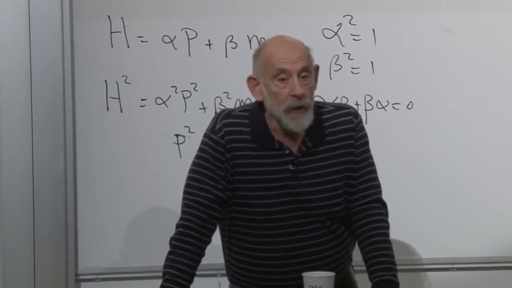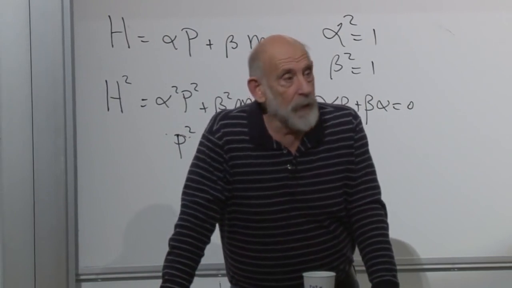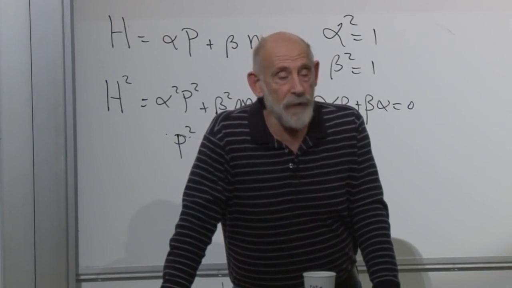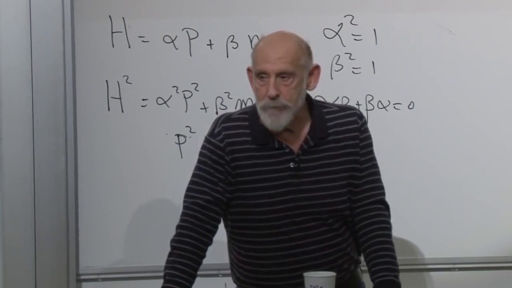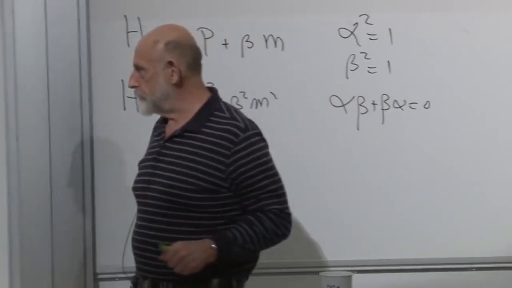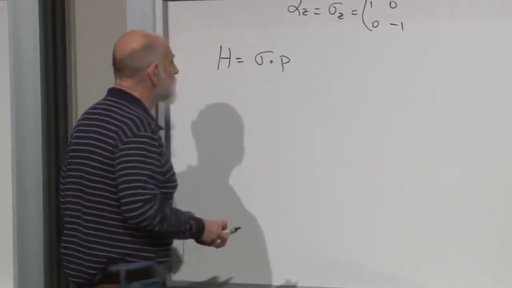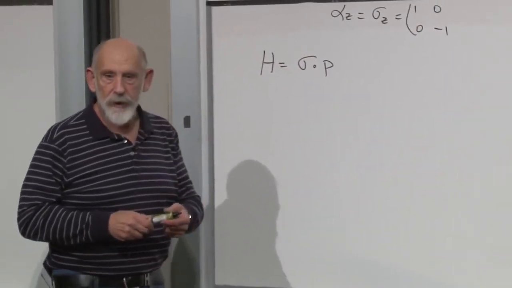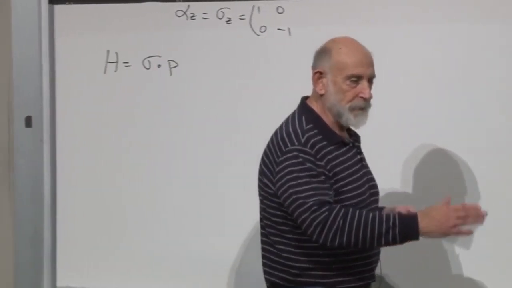So it's a massless particle, but it has the odd behavior that its spin is always, well, let's go back. Sigma dot p. Its energy is proportional to the component of its spin along the momentum direction.